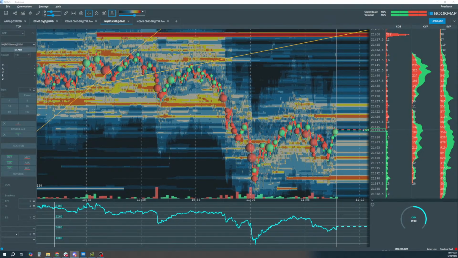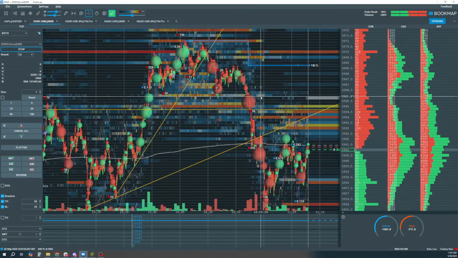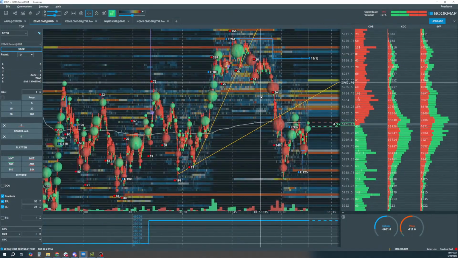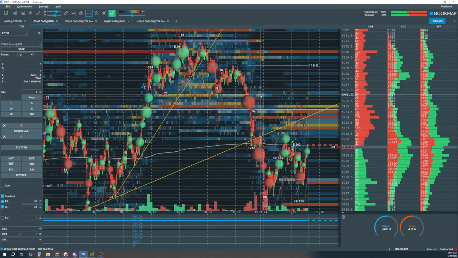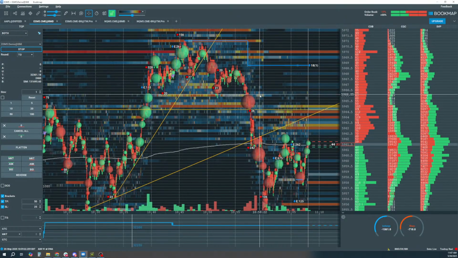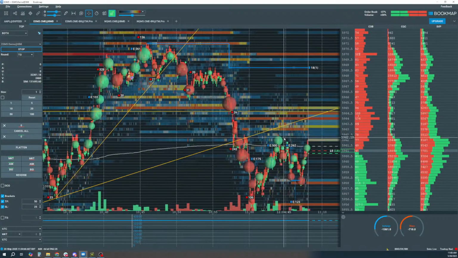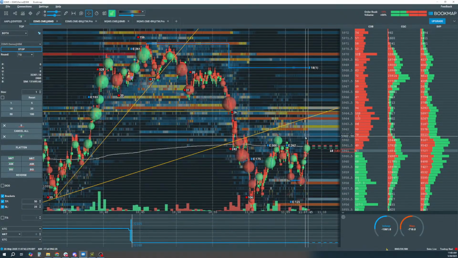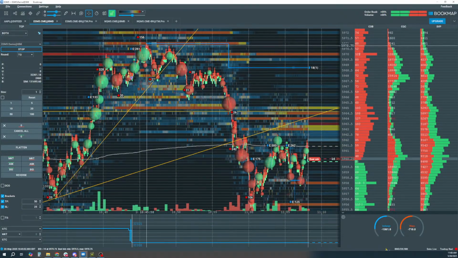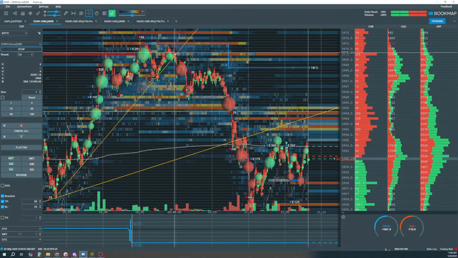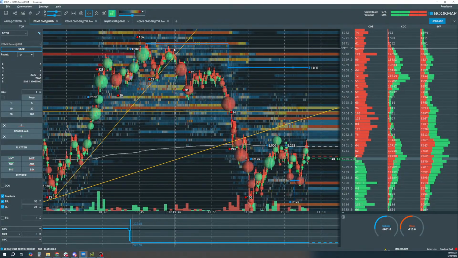All right, let's jump back to that ES. Guys, any questions on this absorption, exhaustion, double top in here?